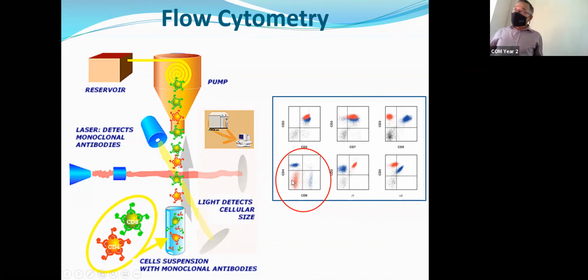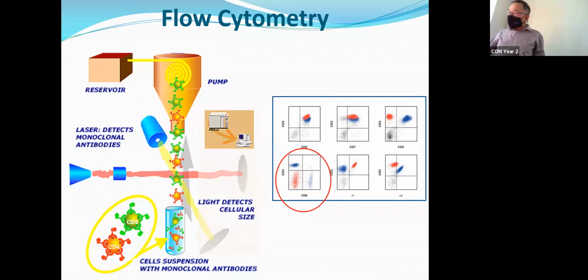If you remember from your basic high school maths about reading graphs, we see that the scale goes from 0 up to 10,000 this way and this way, right? So in this lower left quadrant, these are all your negatively stained cells. These are all your red blood cells, neutrophils, macrophages, everything which is non-CD4 or CD8 positive.